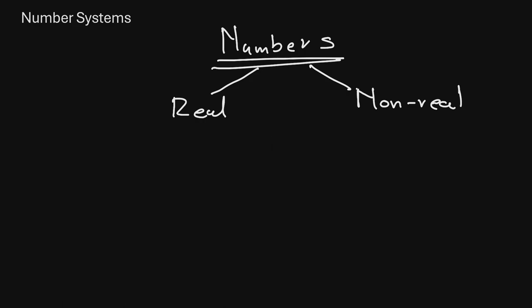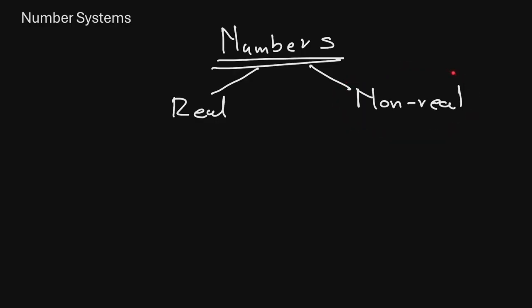But now, when we talk about non-real numbers, we talk about numbers that don't exist in a calculator. So now, this does not mean the non-real numbers don't exist in the world. These non-real numbers, we call them imaginary numbers.